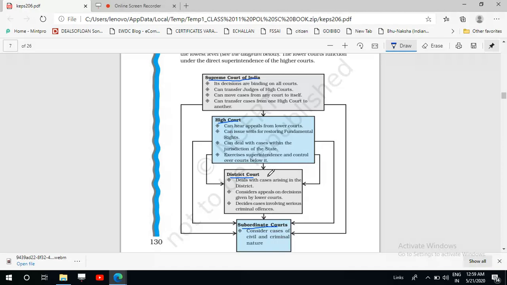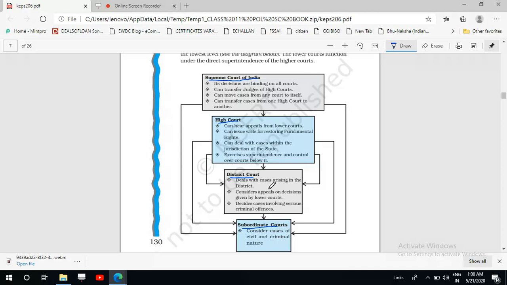So now we will see about the district court. District court deals with cases arising in the district. Whatever case is arising in the territory of a particular district is heard in the district court, and it considers appeals also on whatever decisions are being taken in the lower courts.